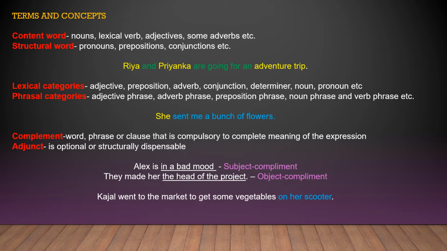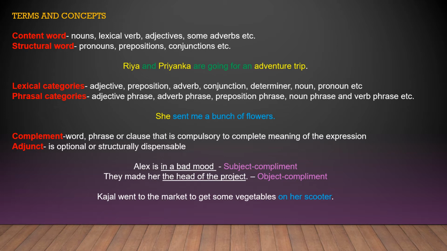You'll notice that the words Riya, Priyanka, adventure, trip, all of these are more or less the names of some object of reality or their qualities. These come under nouns, lexical verbs, adjectives, or some adverbs. So these kinds of words are content words, which are important in terms of meaning in a sentence.